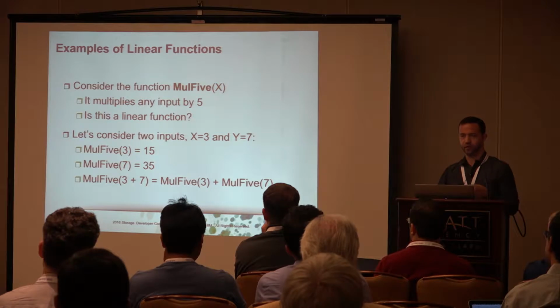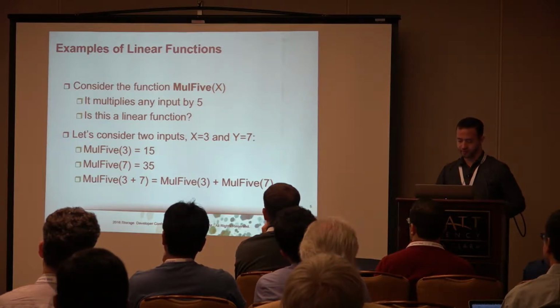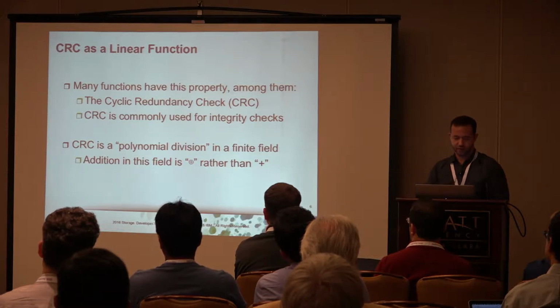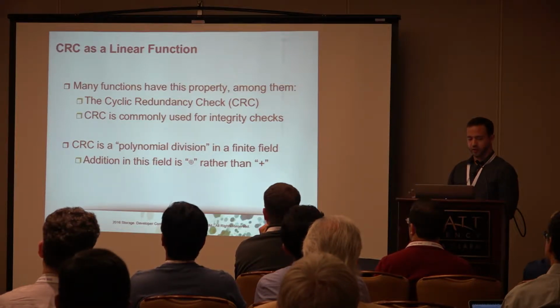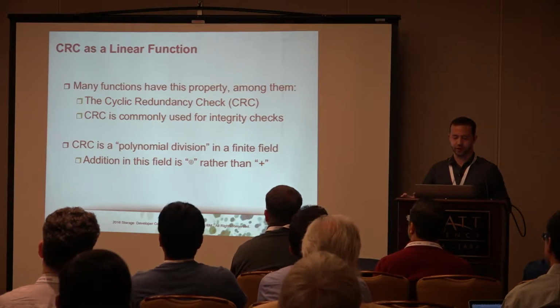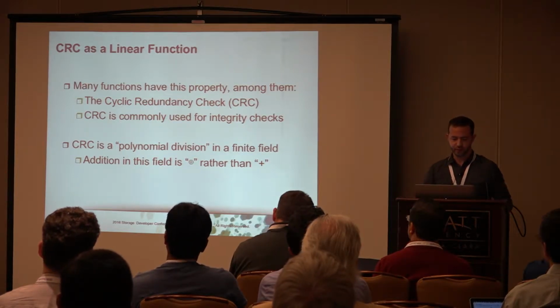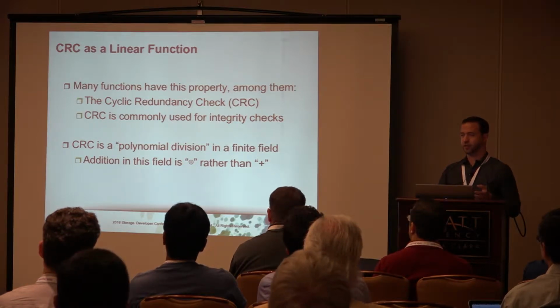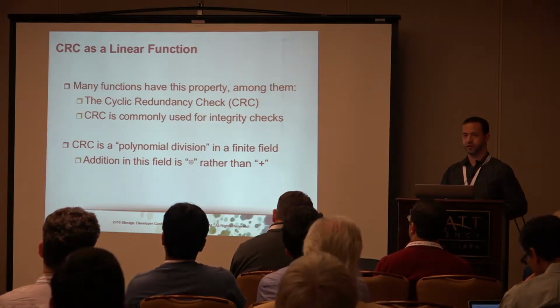Other functions are linear for other types of operations. A lot of functions actually have this property. Among them is the cyclic redundancy check function, or CRC. CRC functions are commonly used in integrity checks for files, and in TCP/IP as well.